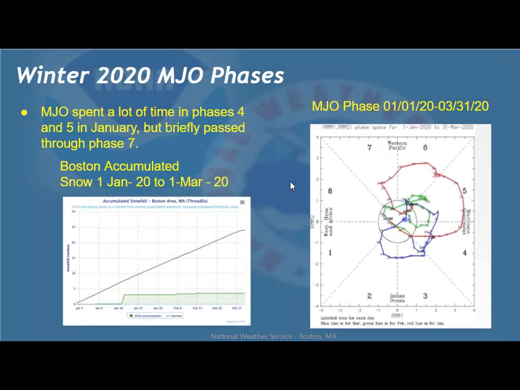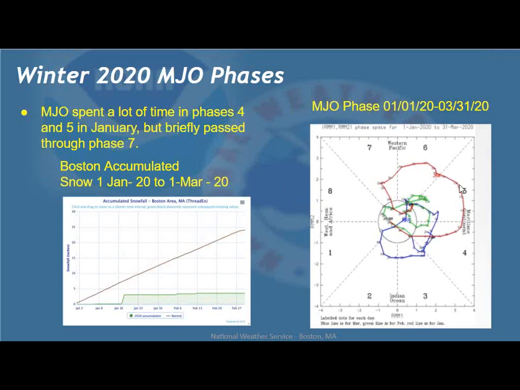Now, how about last year when we had almost no snow, right? It was a very dry year last year in New England as far as snowfall goes. So on the right, again, this covers a much longer time period than the last slide, but this is the MJO phase from January 1st, 2020 to March 31st, 2020, but really just focused on the red line here, which is most of January and February, where the MJO spent a lot of its time in phases 4 and 5.